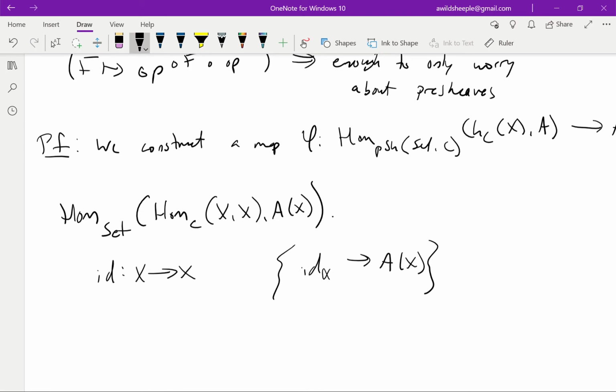So if I take all maps, then that is simply A of X. And we take the composition of these maps to be our map phi.